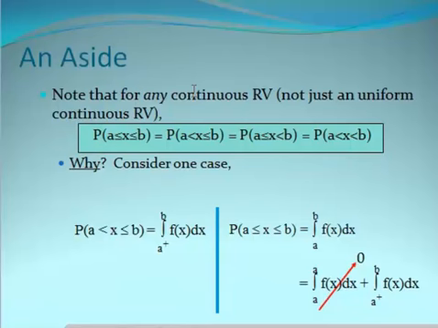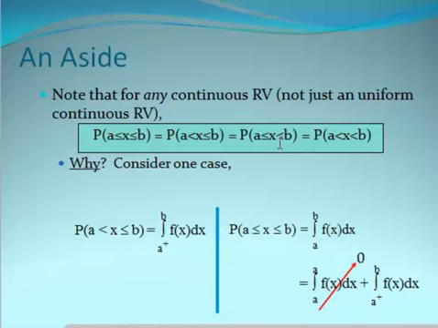So notice that for any continuous random variable, and not just a uniform one, we have this less than or equal to. Here one of the equal to has dropped out. Here the other equal to has dropped out. And here both of them have dropped out. But that's okay. They're all the same. If you're integrating over an area from A to A, there just isn't going to be any area there.